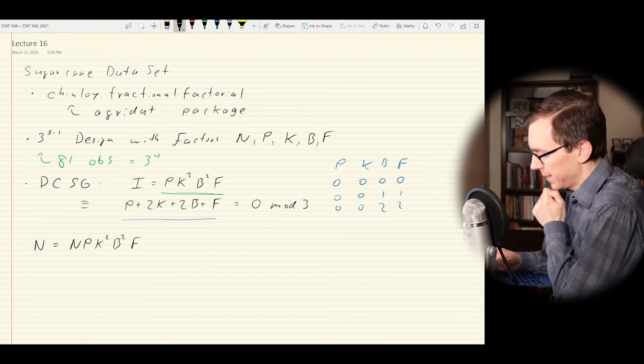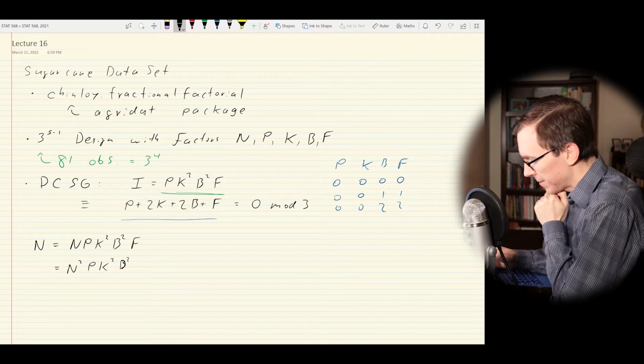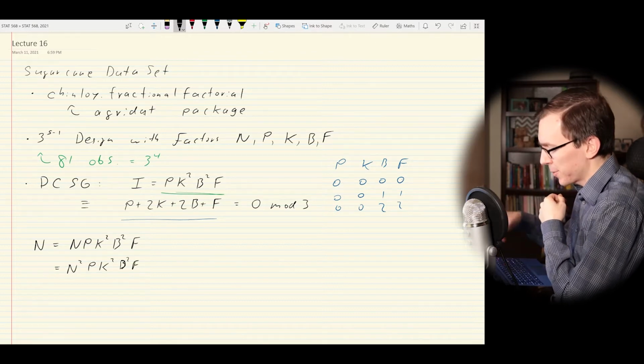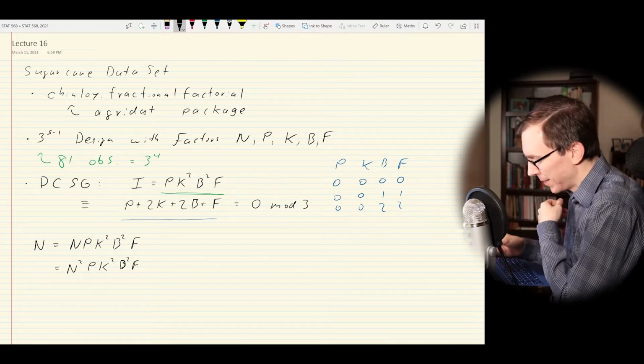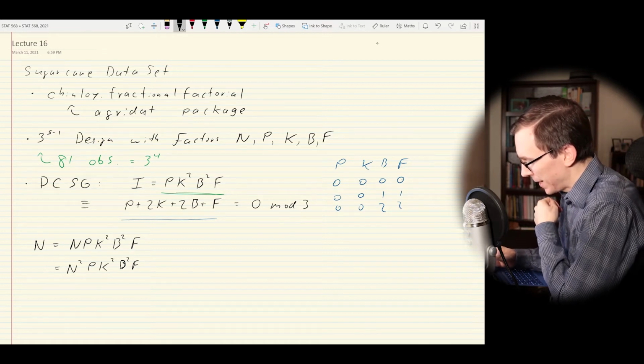But we also have to consider multiplying n squared by this same thing. Equivalently, we could square the big defining relation, p, k squared, b squared, f, if we really wanted to, and we'd get the same thing. So I can show you that just to make sure that's clear.